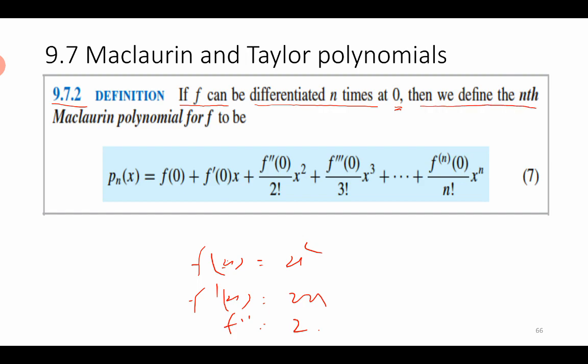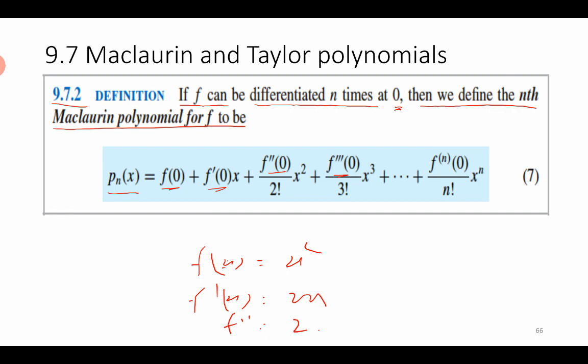Then we define the nth Maclaurin polynomial to be a polynomial of nth degree. P stands for polynomial of degree n. The function value at 0, first derivative at 0, second derivative at 0, third derivative. So find n derivatives and substitute the x value, in that order.